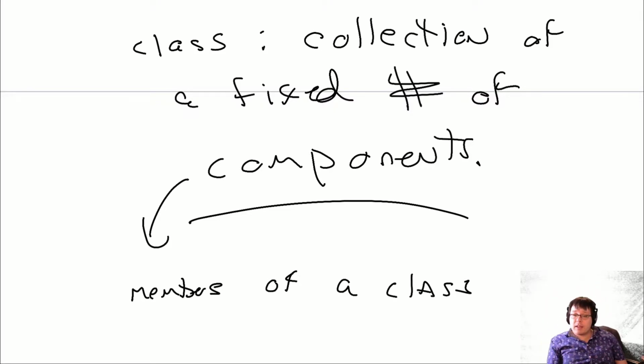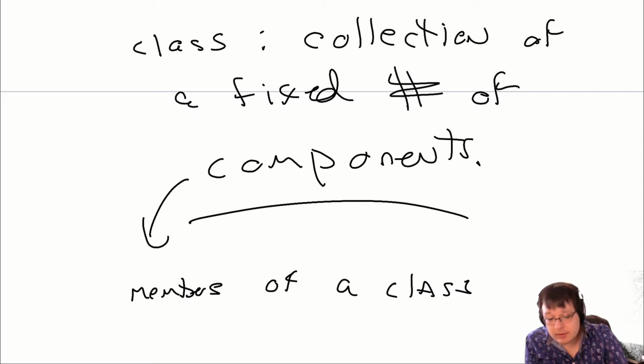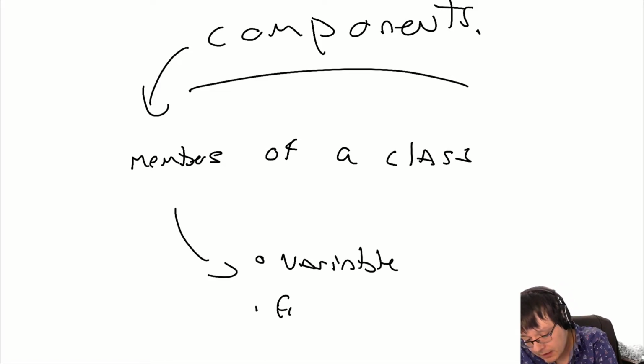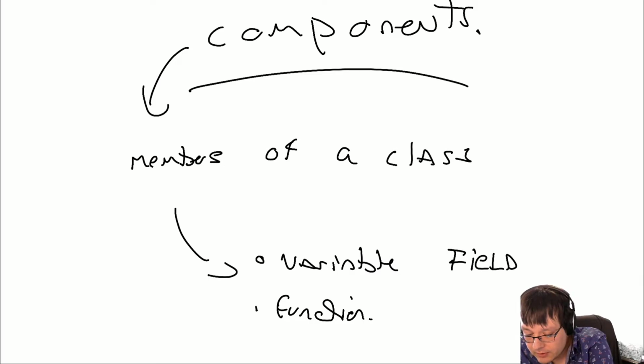What kind of members can a class have? The two main members that a class could have are going to be some of the names are variable and function, but some people call them fields. And then methods, yeah, I've seen that name as well.